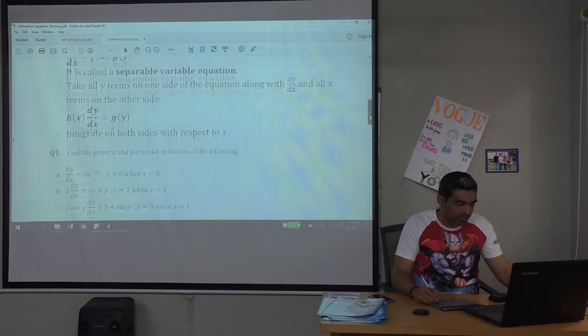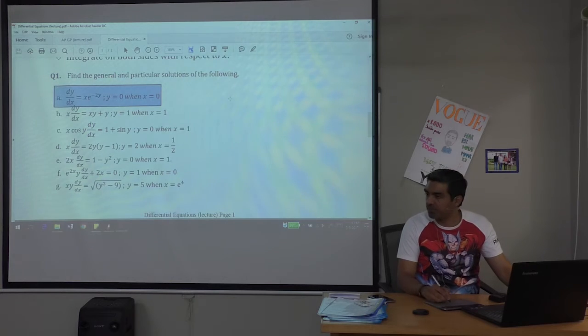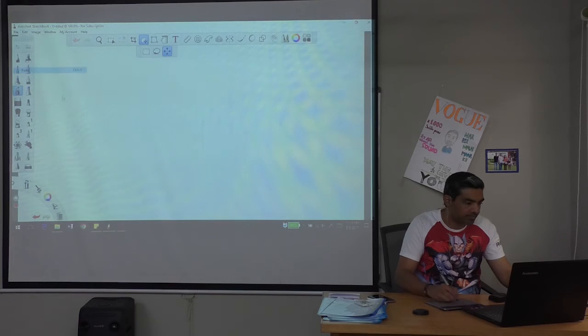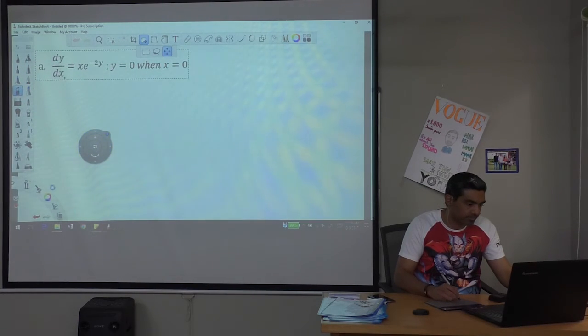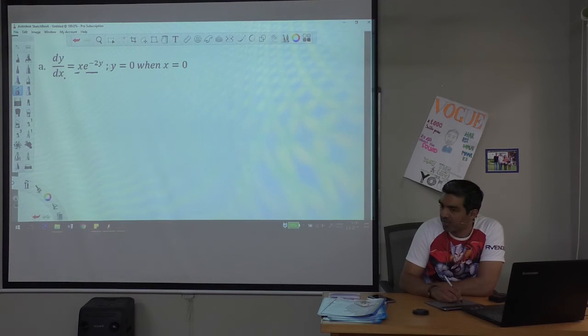Okay, great. So maybe we can have a look at this very simple one to start with. Find the general and the particular solution of the equation. Okay, see, x, y function. Now I know dy by dx, so I need to keep all the y's on the left, and because the dx will go to the right, I'm going to keep all the x's on the right.